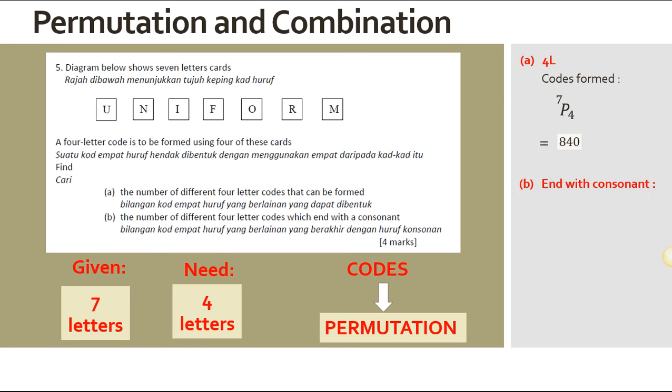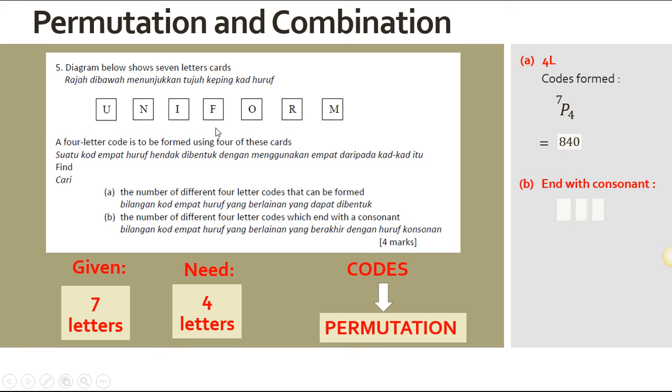Okay, B. This is a permutation with condition. What is the condition? The condition is that the code must end with a consonant. We must consider this condition first. How many consonants are there in these cards?